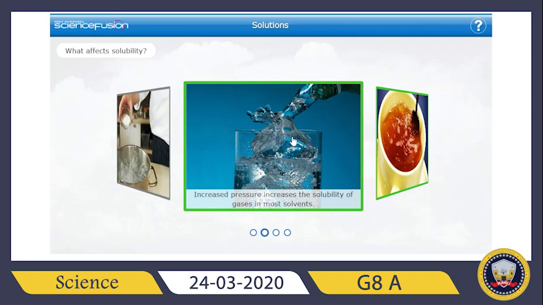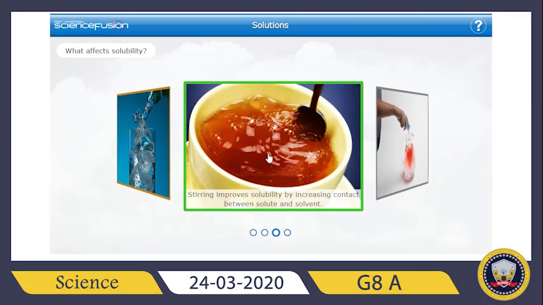Okay, the soda example is a really good example for solutions of gases. On the other hand, you are increasing the temperature for tea or coffee in order to dissolve more sugar. So for solids, when the temperature increases, it will increase the solubility.